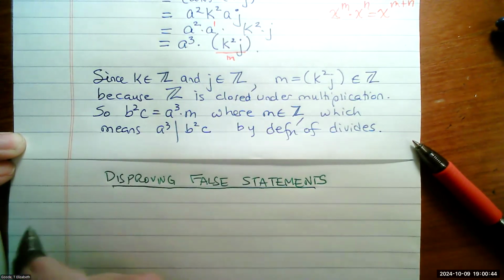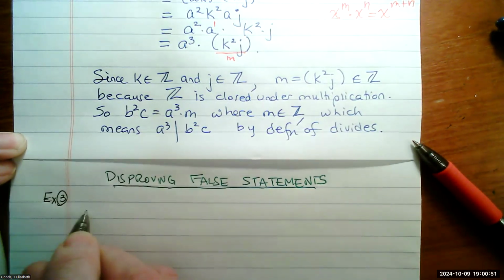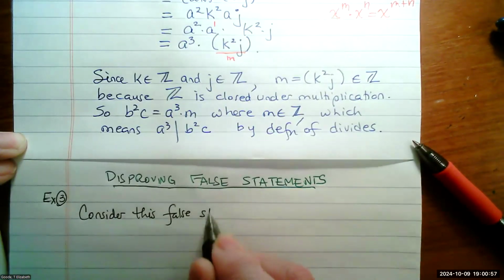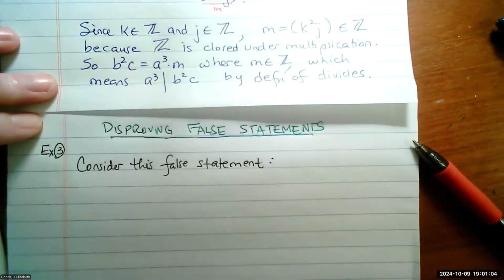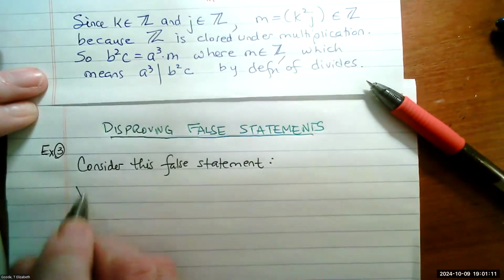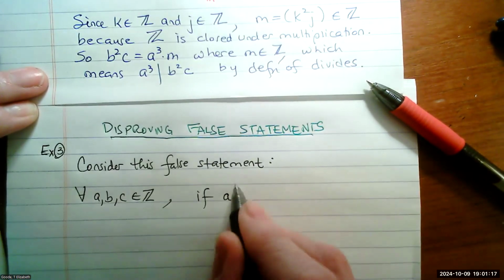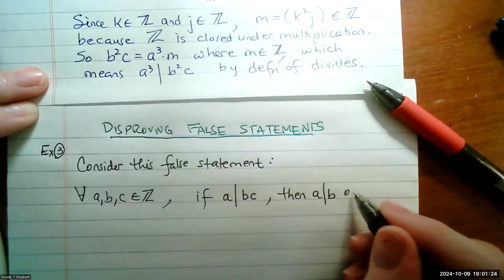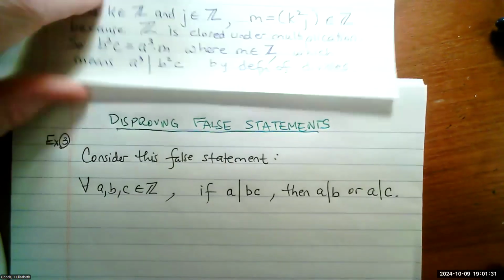So example 3, consider this false statement. For all A, B, and C in Z, if A divides BC, then A divides B or A divides C. All right, so this is a false statement.